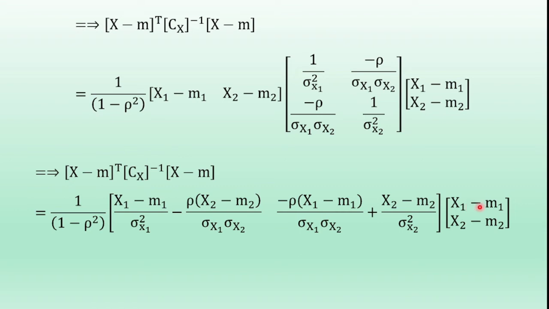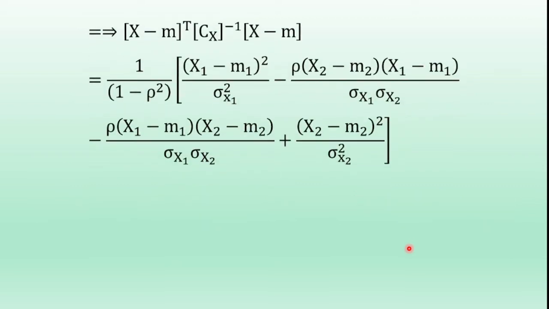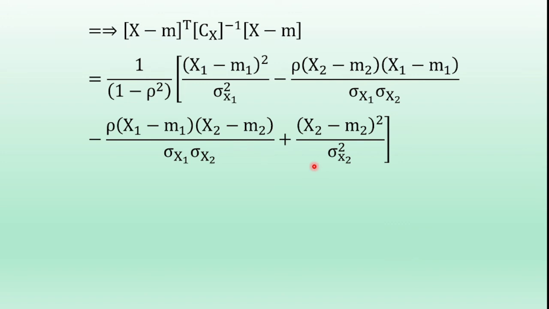So x1 minus m1 into this term: x1 minus m1 whole square by sigma x1 square, minus rho x1 minus m1 into x2 minus m2 by sigma x1 sigma x2, plus x2 minus m2 into minus rho x1 minus m1 by sigma x1 sigma x2, plus x2 minus m2 whole square by sigma x2 square. So that is a one by one order matrix. So that is this one.